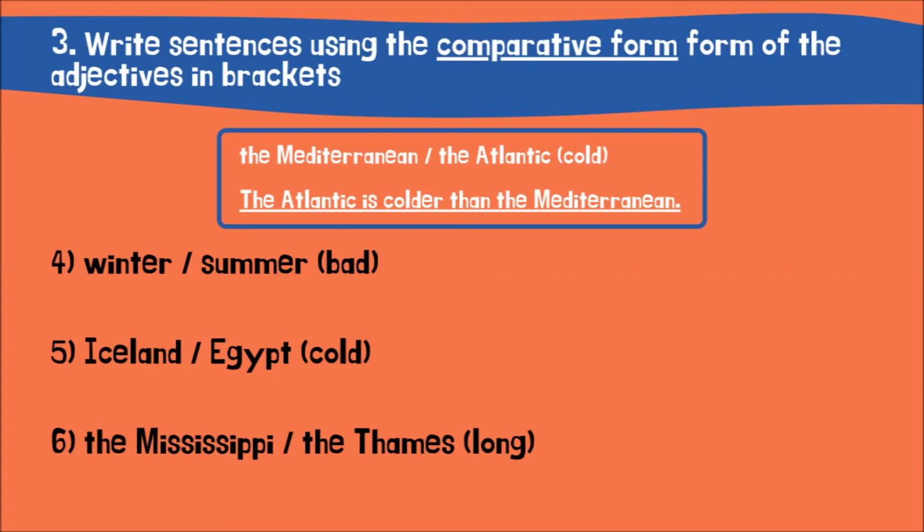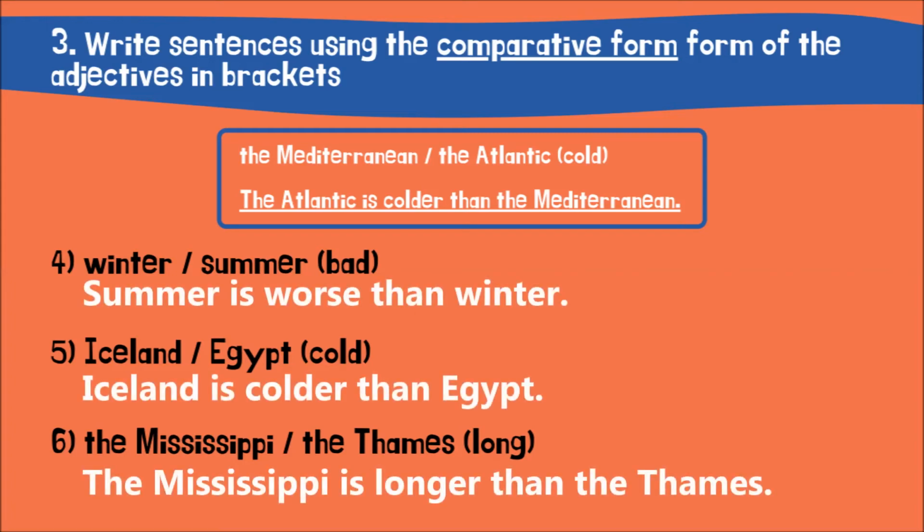Mana? Musim panas. Okay, kalau macam gitu, kamu tulislah. If you say that summer is worse than winter, then you write your answer. Summer is worse than winter. Okay, musim panas lebih teruk daripada musim sejuk.